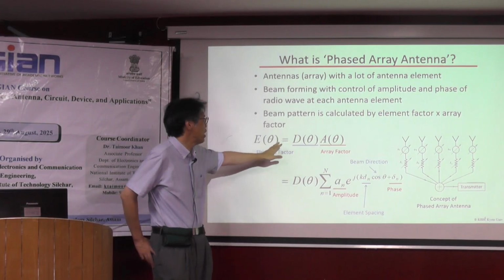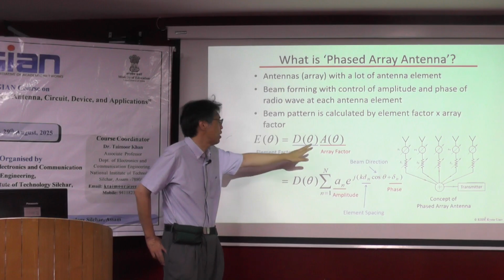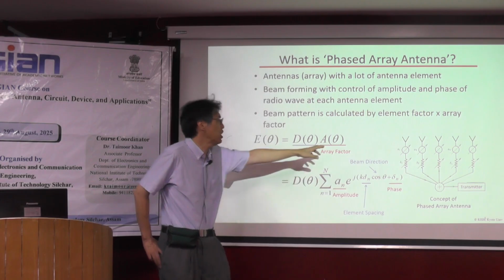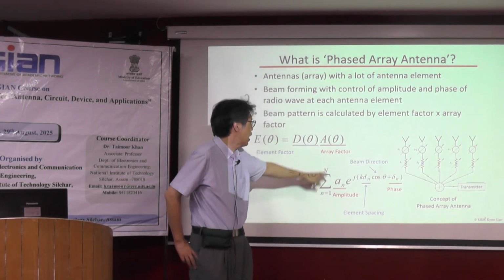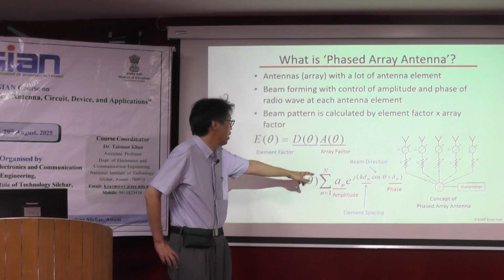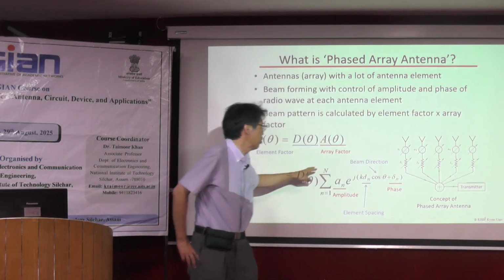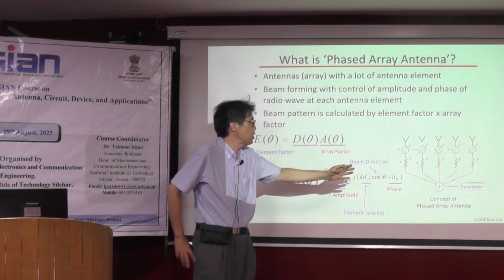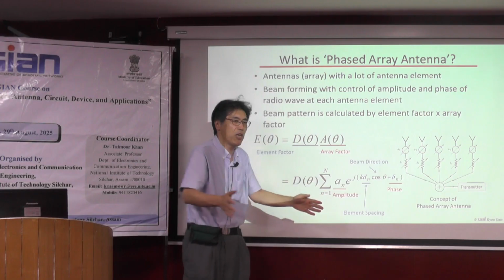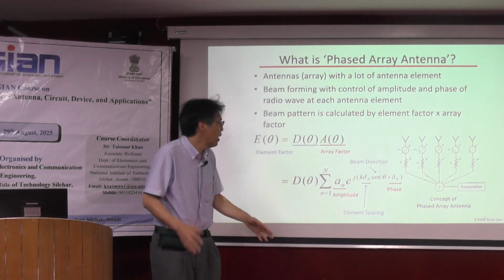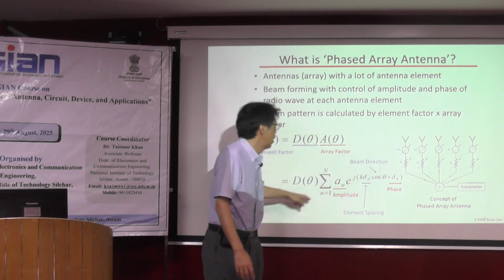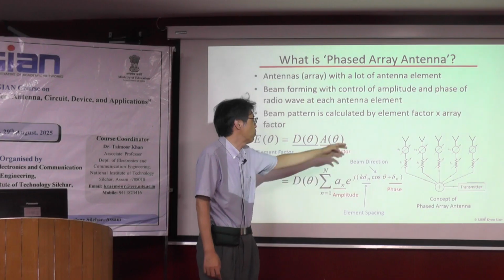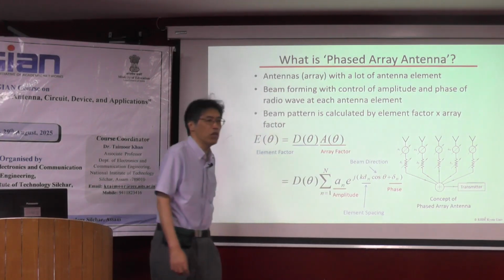It is mainly composed of the element factor and the array factor. The element factor is the directivity of each antenna, and the array factor is expressed with this equivalent equation. If we put each antenna at the same distance, we can calculate the merge of the radio waves from the antennas by this equation.